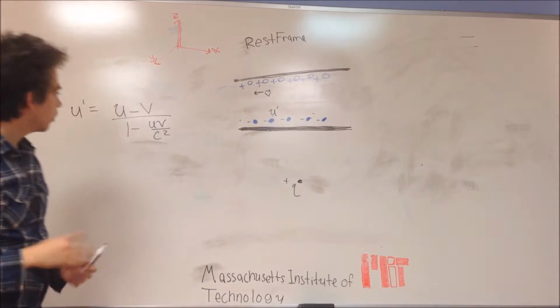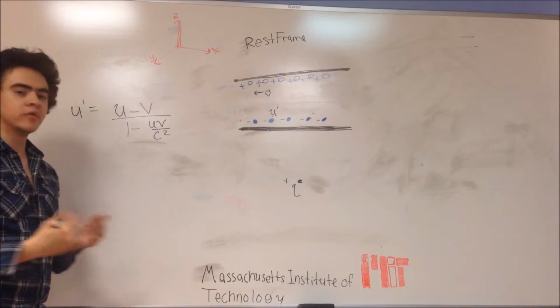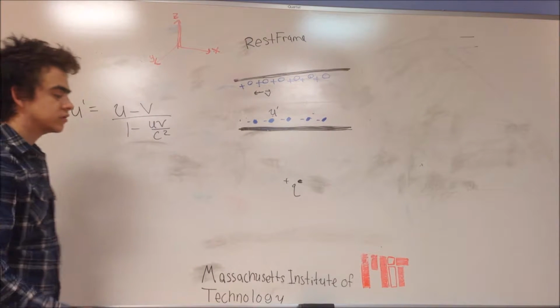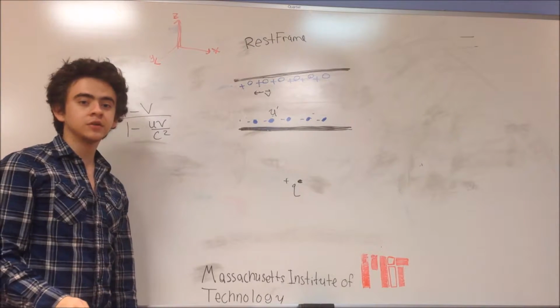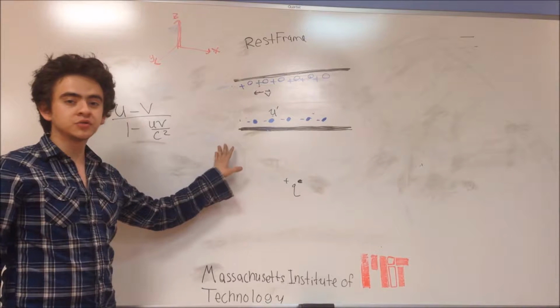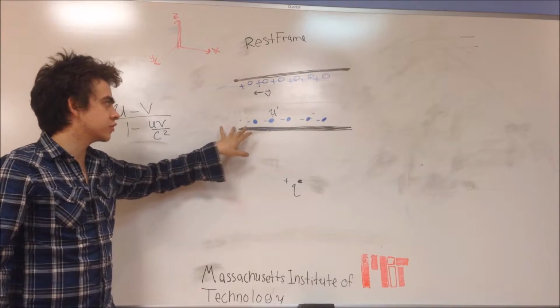Okay, so now we're thinking, I guess they're different velocities. Does that make anything different? And the truth is that yes, it does make things different, because we assumed that this wire was neutral, that there was the same number of positive charges and negative charges.